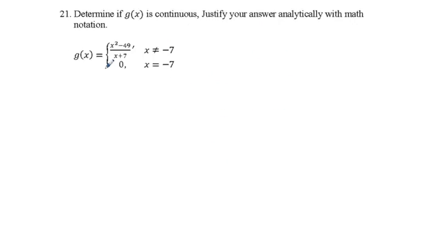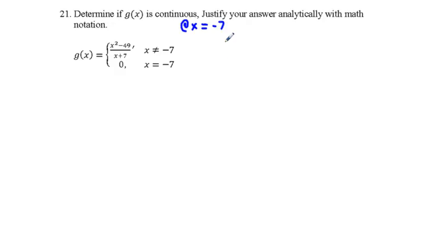Problem 21. Determine if g of x is continuous. Justify your answer analytically with math. Well, we have the function x squared minus 49 over x plus 7 when x is not equal to negative 7, and 0 when x equals negative 7. And so we're really interested at x equals negative 7.